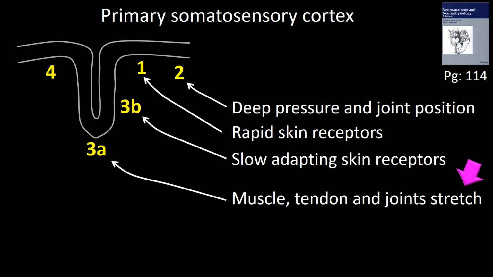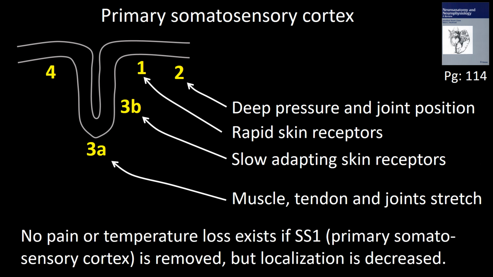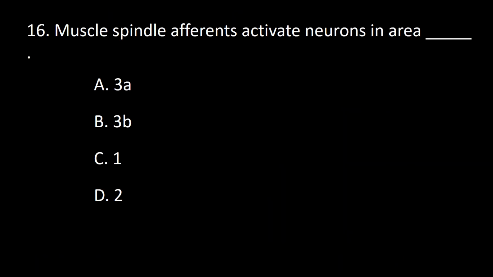As you can see, area 3A is said to receive afferents not only from muscles but from tendons and joints stretch organs. It is also stated that no pain or temperature loss occurs following removal of primary somatosensory area, yet the ability to localize these modalities is decreased. So the answer to this question is A.